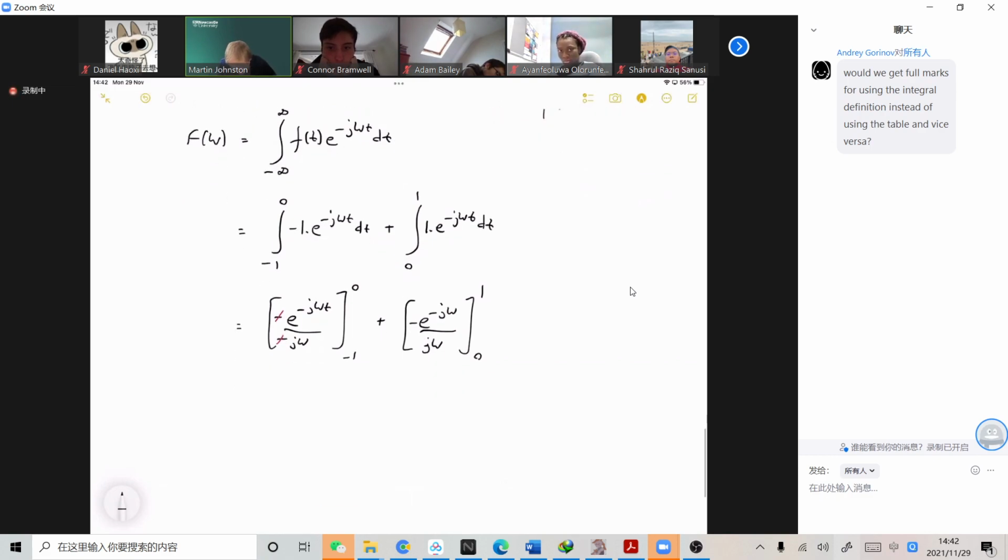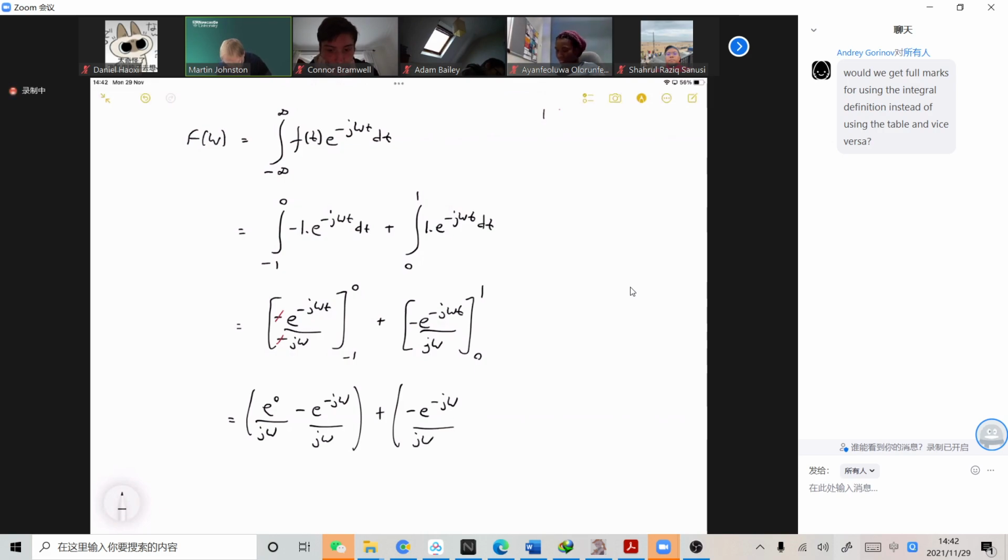So putting the values of t into each one. If we first have e to the 0 over j omega minus e to the minus j omega over j omega, so that's the first one. Plus minus e, missing there, minus e to the minus j omega over j omega, and then minus e to the 0 over j omega.